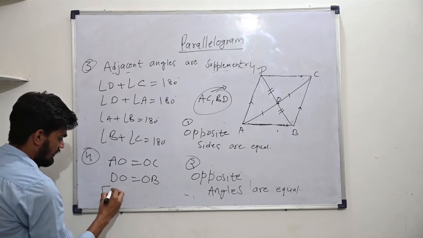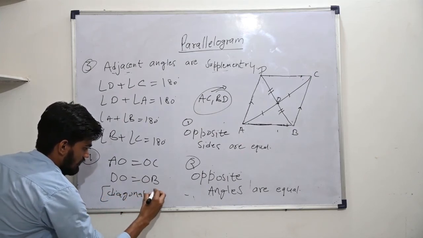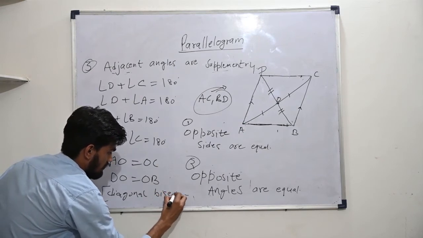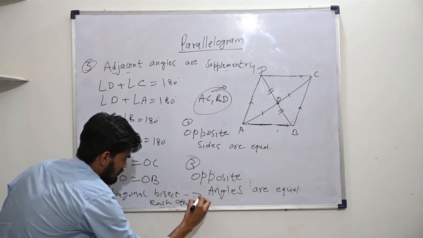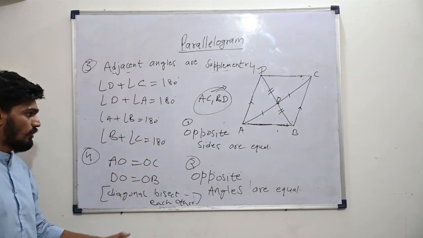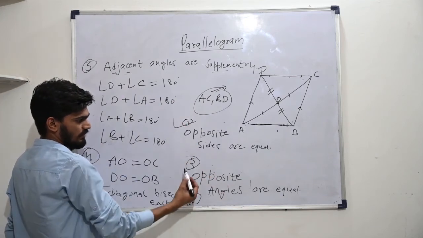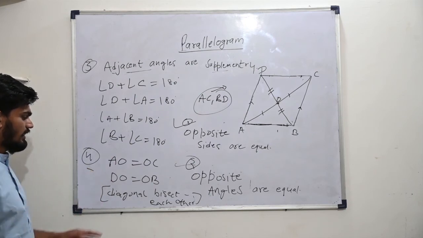What is the reason? Diagonals bisect each other. Alright, so that's the four properties of parallelogram. Opposite sides are equal, opposite angles are equal, adjacent angles are supplementary, and diagonals bisect each other.